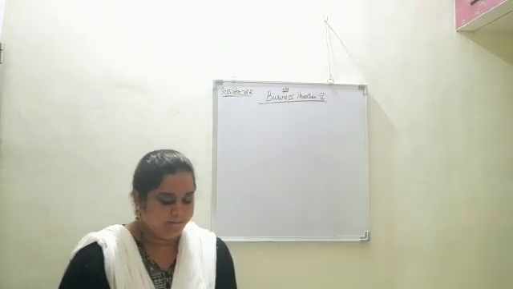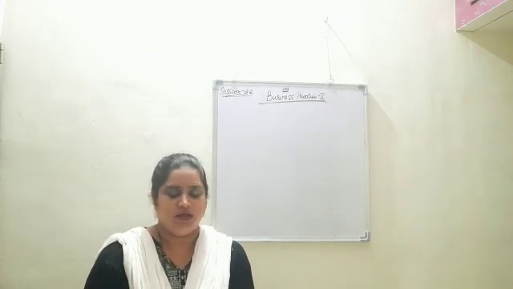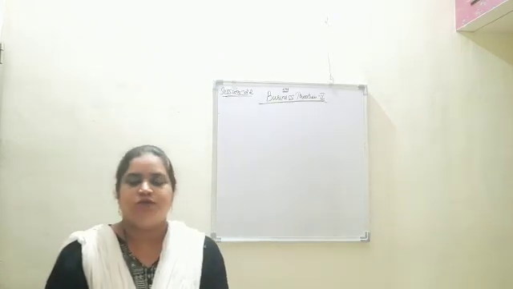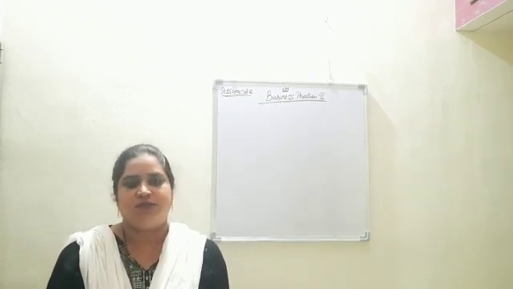Mr. Prasad has prepared the following profit and loss account for the year ending 31st March 2018, and you are supposed to prepare the taxable income from business of Mr. Prasad.